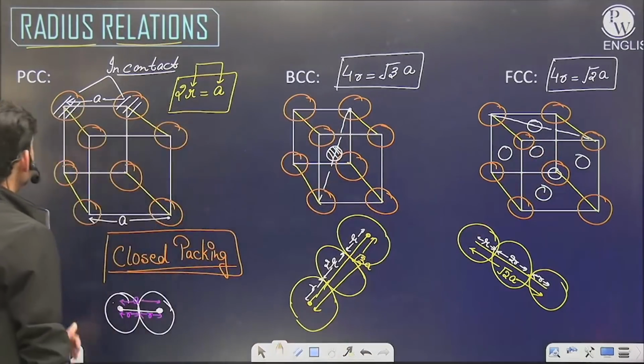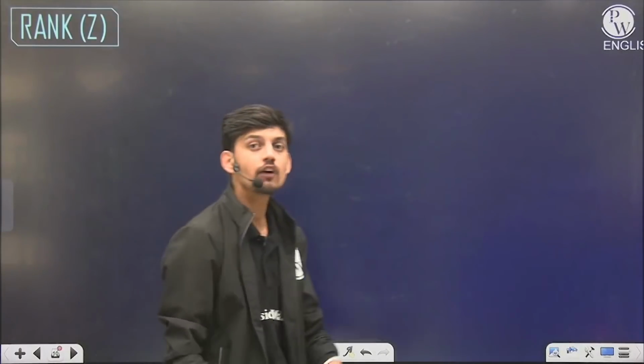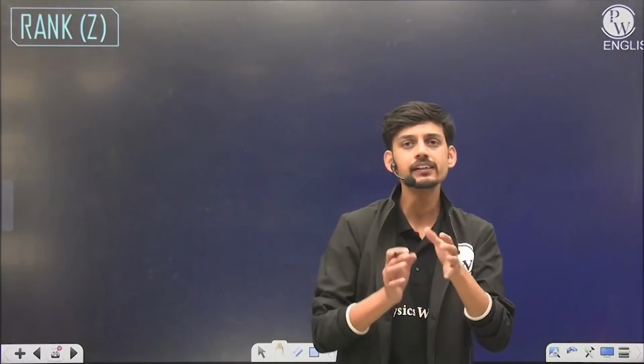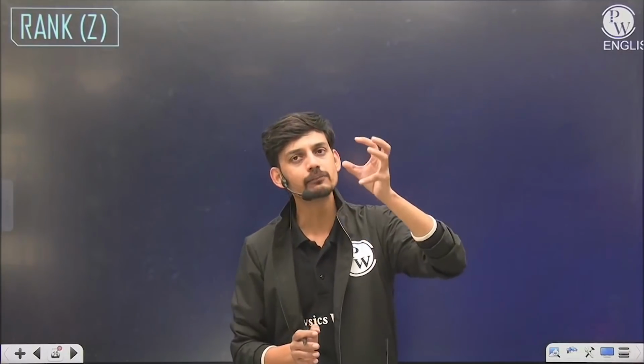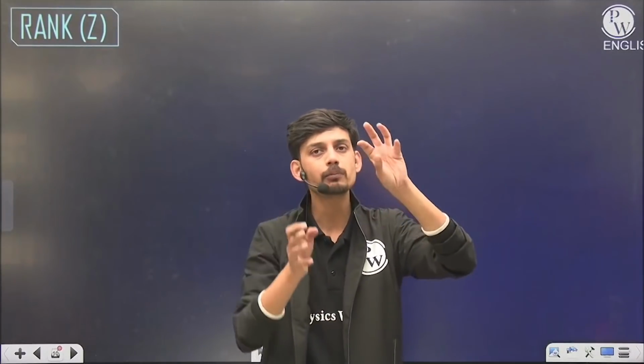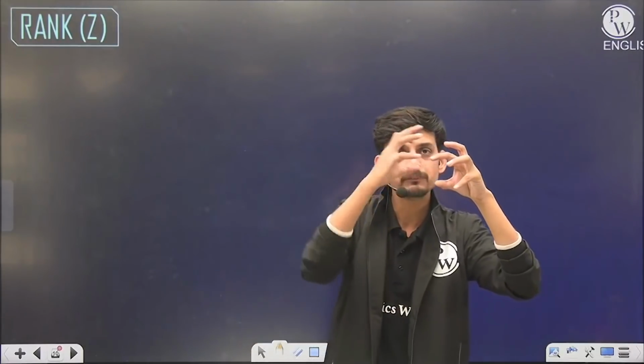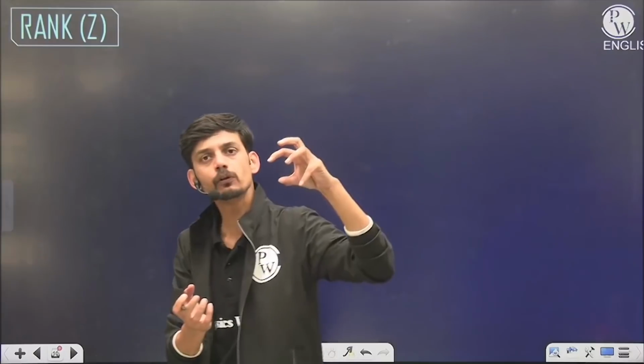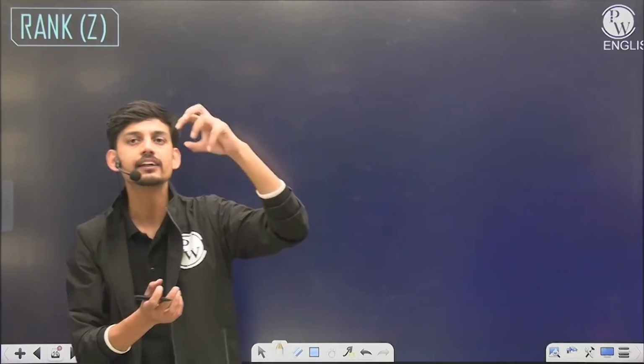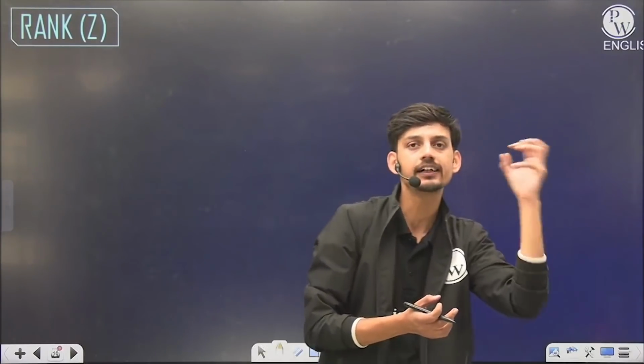Now if we see one more thing, which is called rank. What is rank? Basically, we have a cube and all the atoms are spherical. So in a cube, if I put a spherical atom at one corner, will this atom be completely inside the cube, or will some portion of the atom be inside the cube and some portion outside?